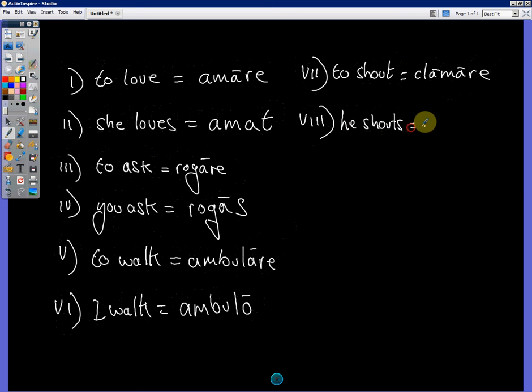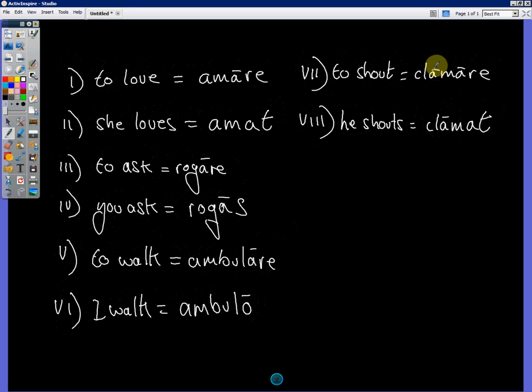So once again we go to the infinitive, we get the stem, clamar, we take off the macron and we add T. Clamat. There's a macron here because it's on the original infinitive. The macron remains on that A because it's part of the word itself, part of the pronunciation of the word. Remember that long A takes twice as long to pronounce as a short A.